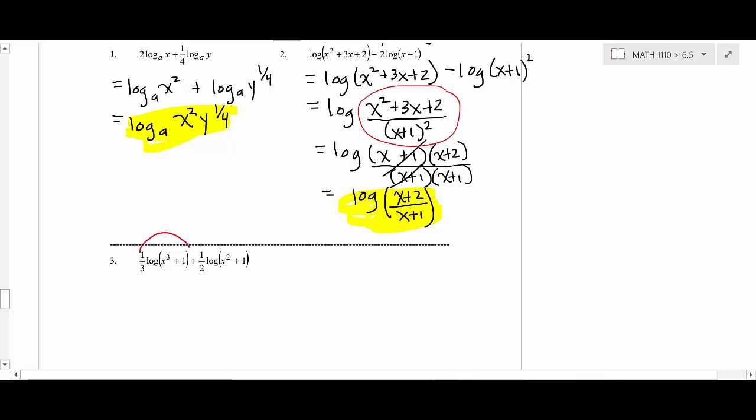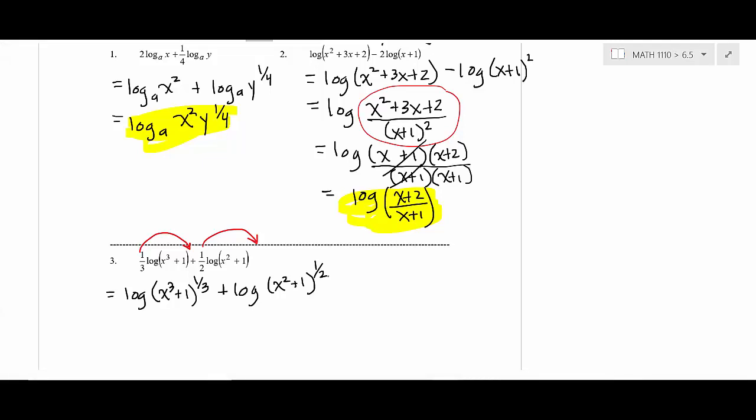Okay, all right, next one, we're going to do basically the same idea. Bring the 1/3 up, bring the 1/2 up. So you're going to have logarithm of x cubed plus 1 to the 1/3, and then plus logarithm of x squared plus 1 to the 1/2 like that. Okay, and this one you're not going to be able to simplify much, but you would put it together in one log by doing what?